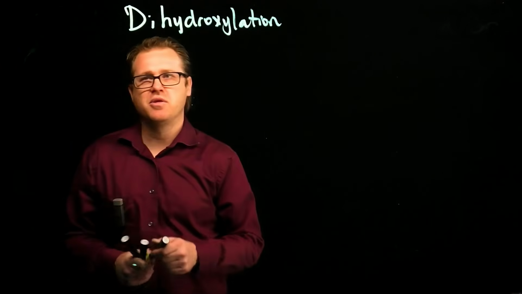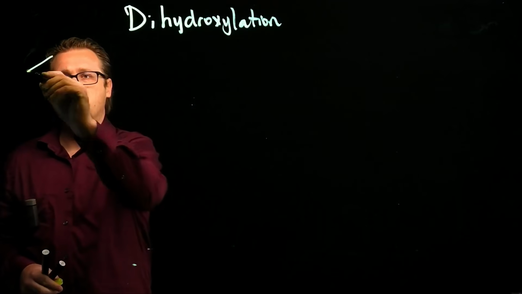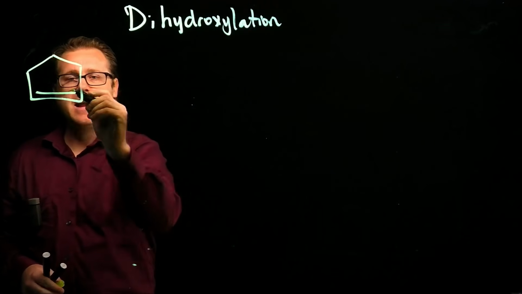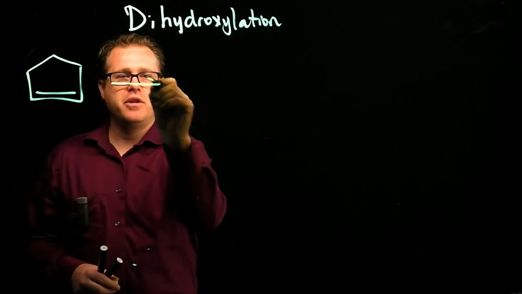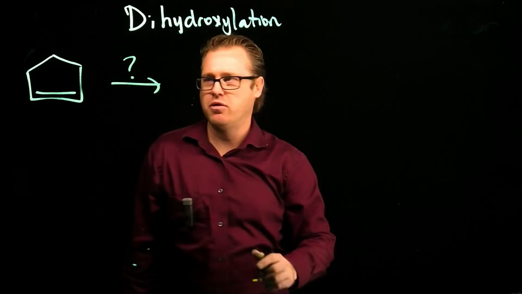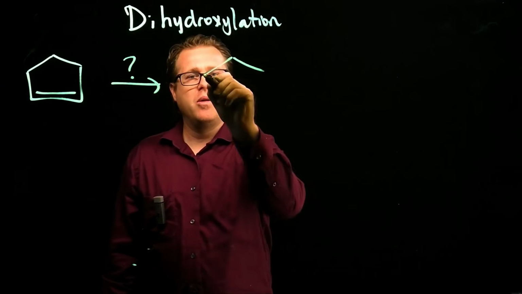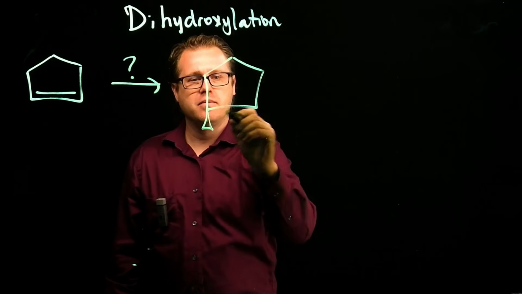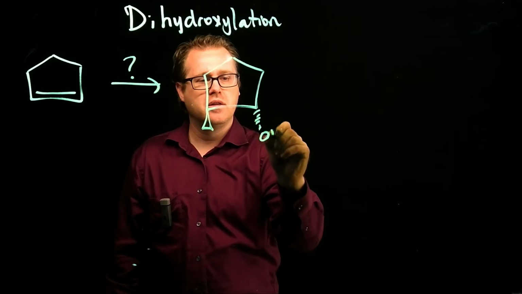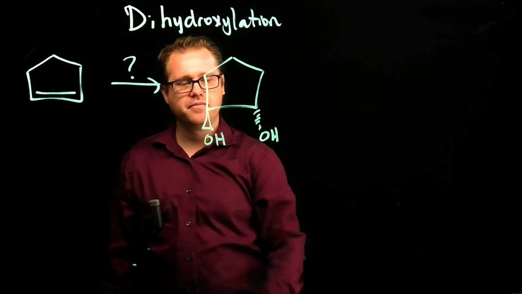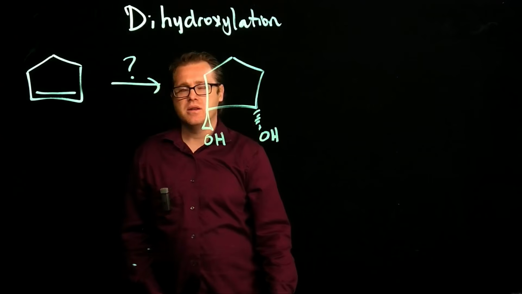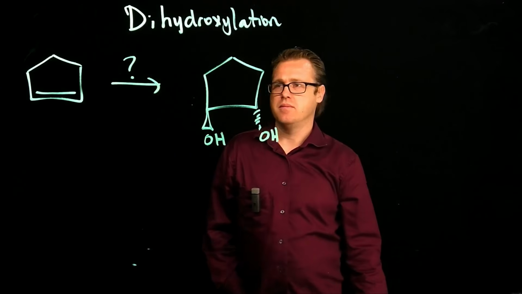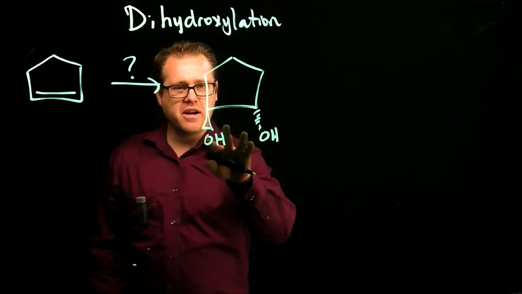The next addition reaction that we're going to look at is when we take an alkene and we treat it with a reagent that I'm not going to show you quite yet, but we get addition of two alcohol groups. That is called dihydroxylation. Now, look at the stereochemistry here.